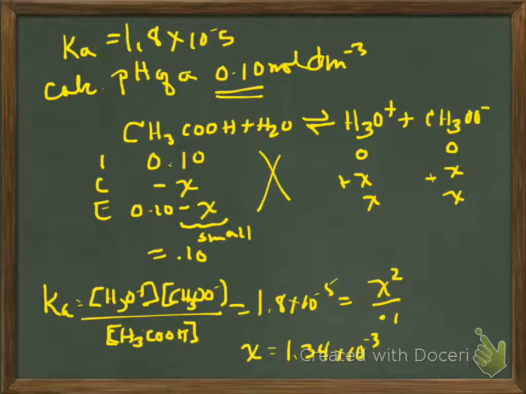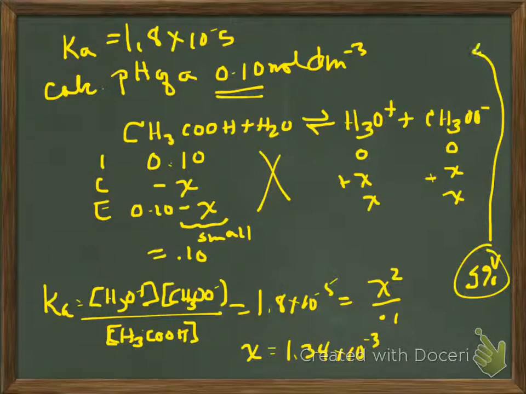That is less than 5% of the 0.1, so your assumption here was good. I always write 5%. You really do 1.34 times 10 to the negative 3 over 0.1 times 100%, and that has to be less than 5.